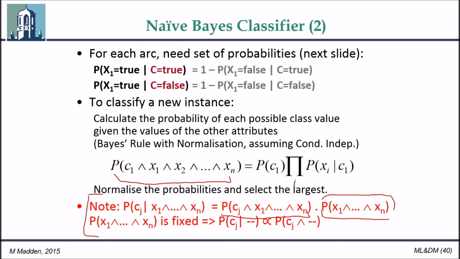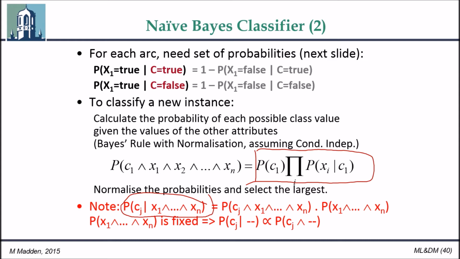So these won't affect our normalization, so we can throw them away. So it's a constant times that. Therefore, the probability of the joint set of values in this atomic proposition is directly proportional to the conditional probability of the class given all of the evidence that we can see for it. Anyway, don't worry too much about that little technical detail. What's important is that we're doing this calculation here.